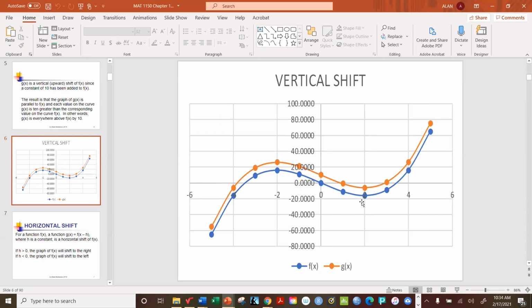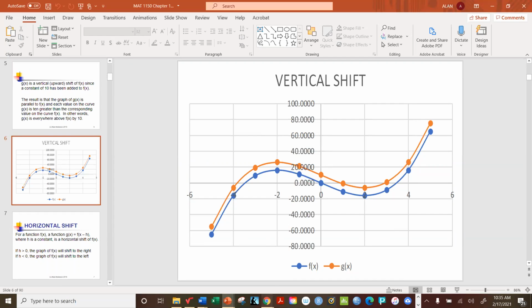In Excel, you can see that f of x, the original function, is the blue one, and orange is the new function. They're perfectly parallel to each other because the only difference between them is a positive constant. If I'd added a negative constant, then orange would be directly below blue, but they would have the exact same shape.